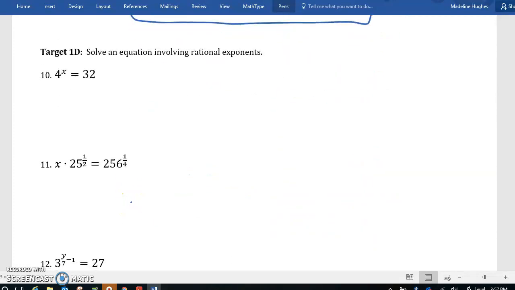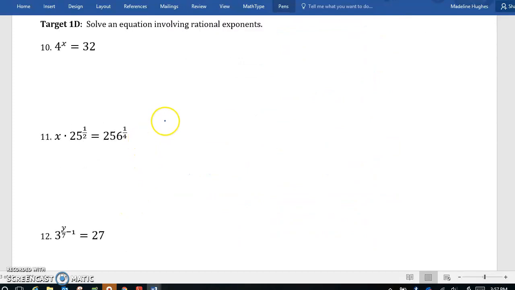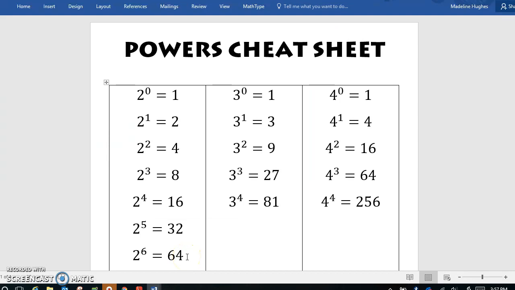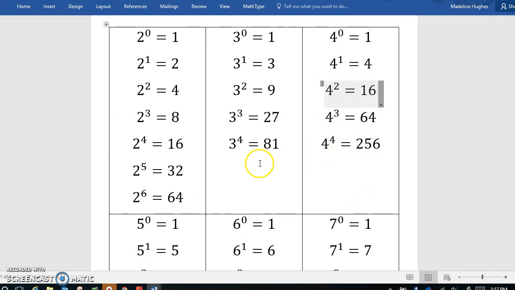Last target, D. Solve an equation involving rational exponents. This is the target where you have our powers cheat sheet, so I'm going to be referring to that. I need to make these bases the same. So 4 and 32. I look for 4 and I look for 32 on here. I see a 32 here and I see a 4 here.